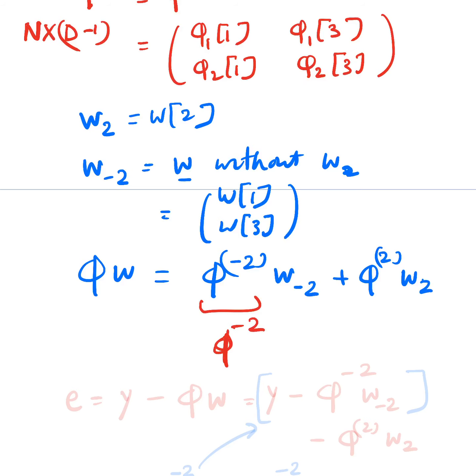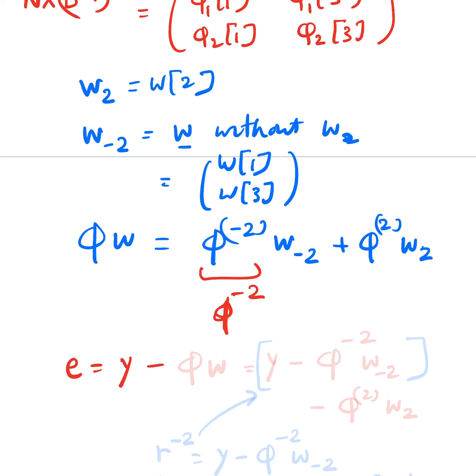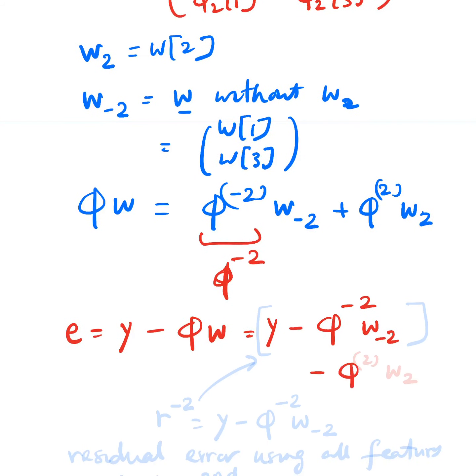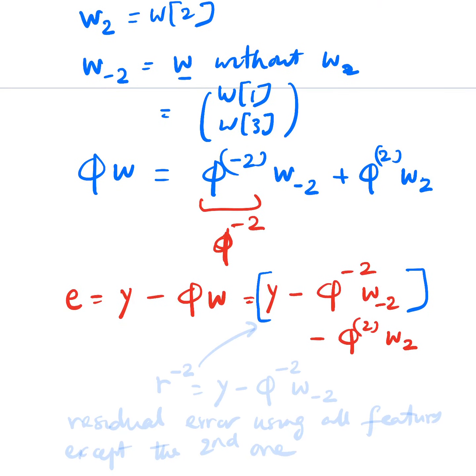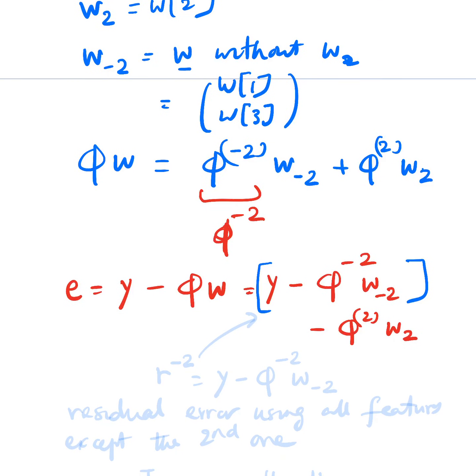So now if I look at the error, which is the targets minus the predictions, that is equal to the target minus phi of minus 2 w minus 2 minus phi of 2 w2. And this term is the error in the prediction based on everything except the second feature, right?